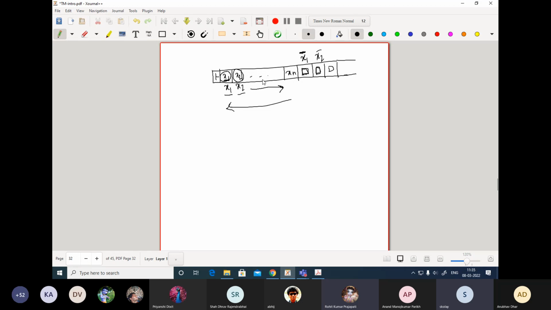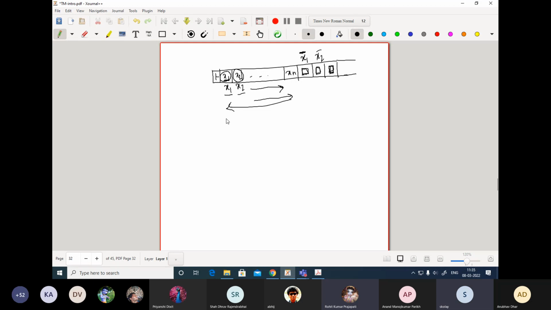So all the symbols are either marked by an underline or a bar, or they are blanks. If you move from the left-hand marker to the right and you hit a blank symbol without finding any unmarked symbol, that is when you know you are done.